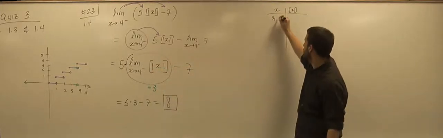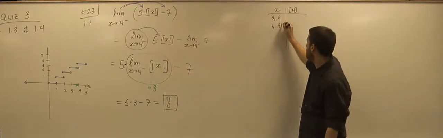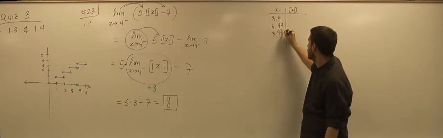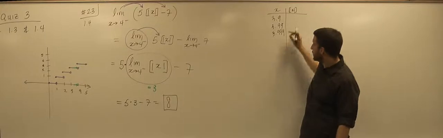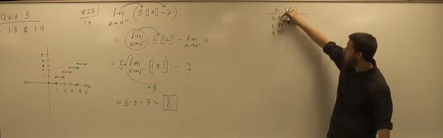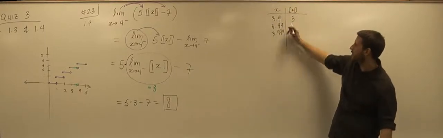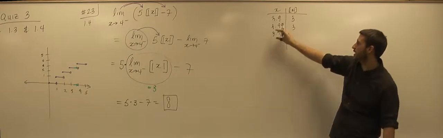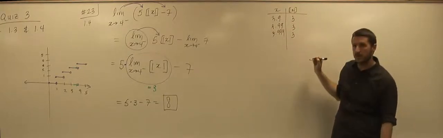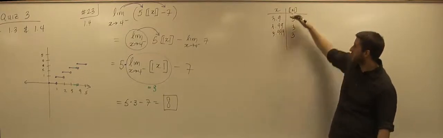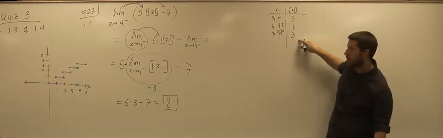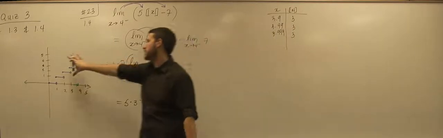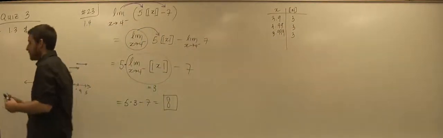So you do like 3.9, 3.99, 3.999, and you get the limit as you approach 4 from the left. But the way the greatest integer function works, if you take 3.9, it's going to push you down to 3. If you take 3.99, it's going to push you down to 3. So it's clear that the limit from the left of 4 is going to 3.